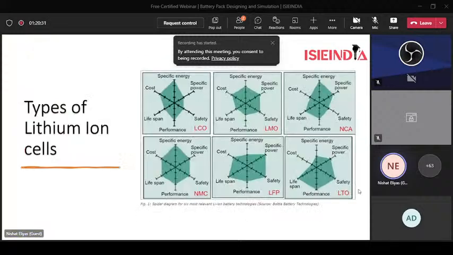Here are some of the types of lithium ion cells as per their chemistry.